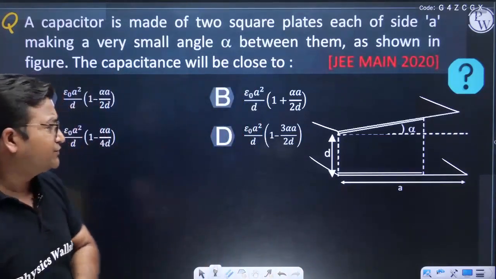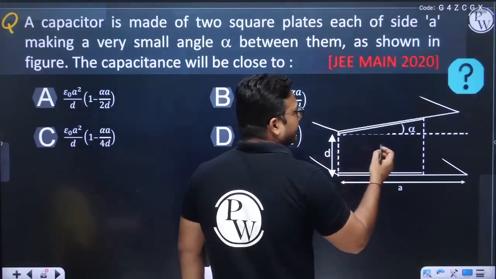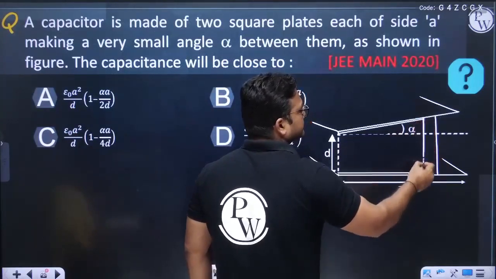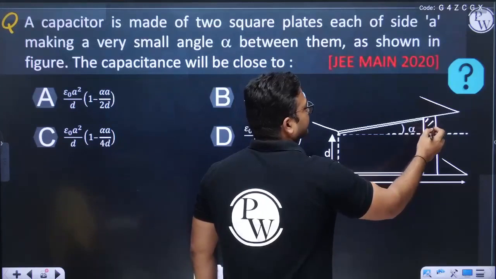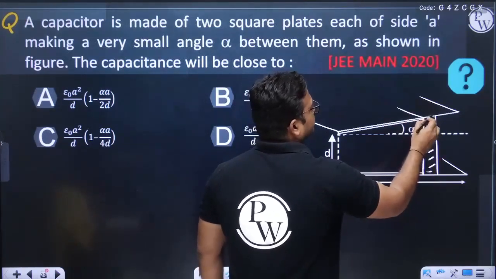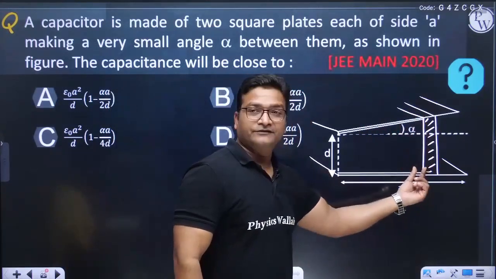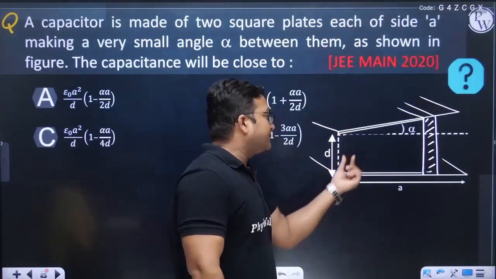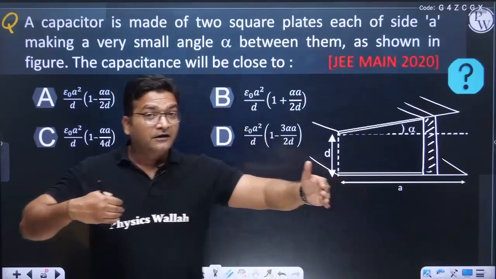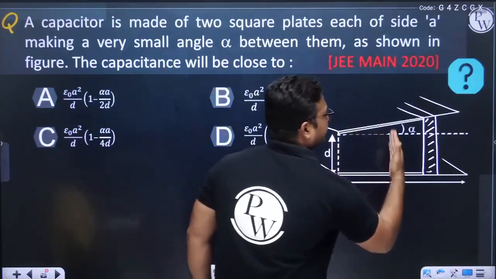To solve this question, I'll assume this capacitor is made of a large number of elements. Like this volume I'll take as one capacitor, and similarly this as a capacitor, this as a capacitor. I have divided my entire system into a large number of capacitors placed side by side.